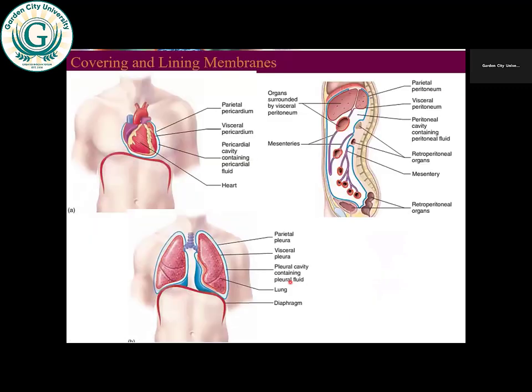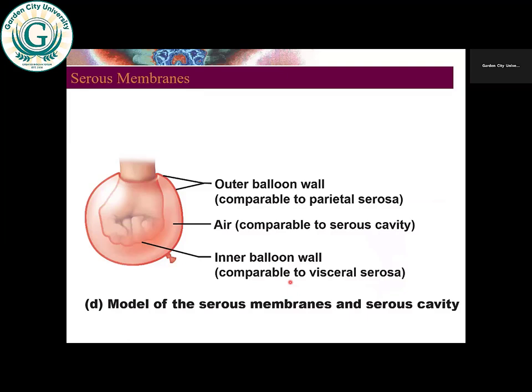And the serous membrane is divided. It's one continuous layer, so it's lining. But depending on where it lines, we have two parts. We can use this as an example. You have an inflated balloon, you make a fist into it. You see, part of the balloon will cover the fist, and part will not cover the fist. So there is a visceral and there's what? A parietal.